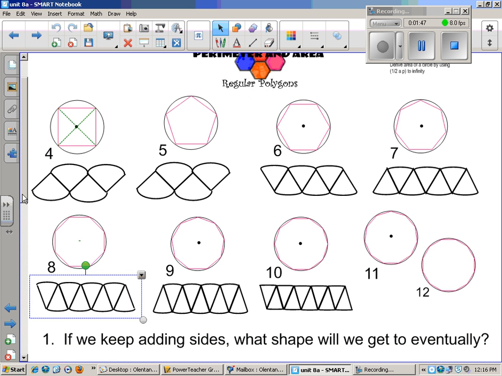A rectangle, isn't it? As we get more and more sides, or more and more triangles together, the curved part is becoming flatter and flatter, and it's looking more and more like a rectangle. So can you picture, if I put a million of those smushed together, it would really look like a rectangle, right?